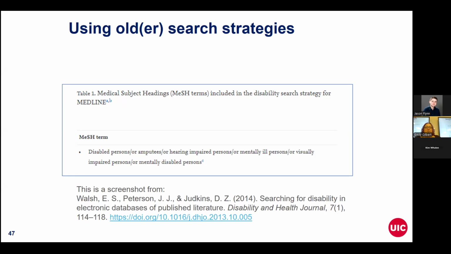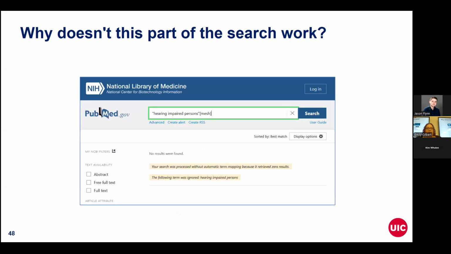But also one of those is no longer a MeSH term. Hearing impaired persons has changed to, I can't remember off the top of my head, but it is worded differently in the MeSH term now. So that is something you have to be careful of if you're trying to replicate an older systematic review or even get ideas for terms. Double check the MeSH terms to see what's going on there.